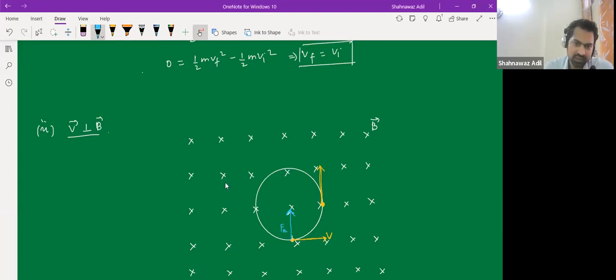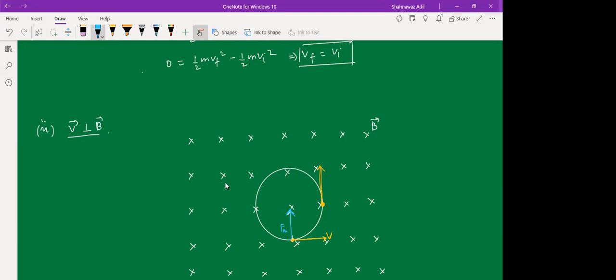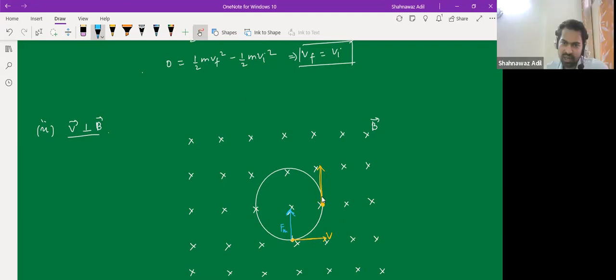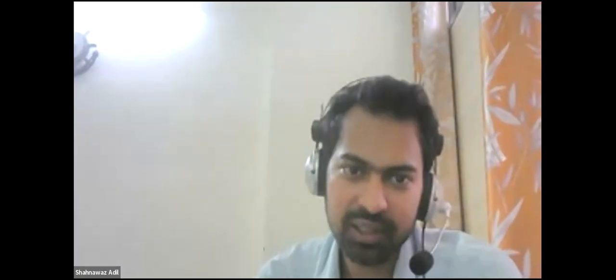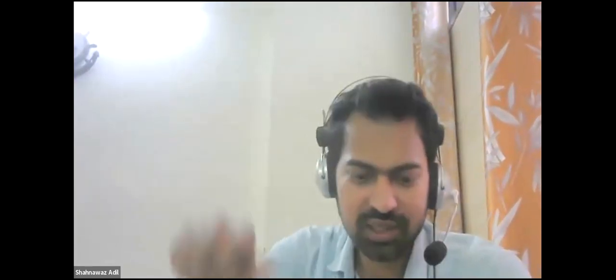The charge is moving in this way, the velocity is in this way, and the magnetic field is going inside. The charge is going upward, and the magnetic field is inside. So what is the direction of the magnetic force?